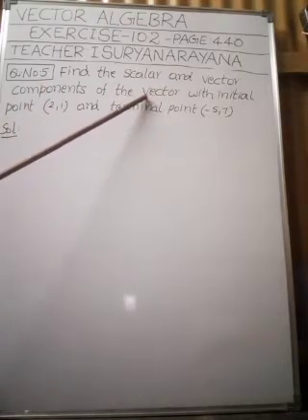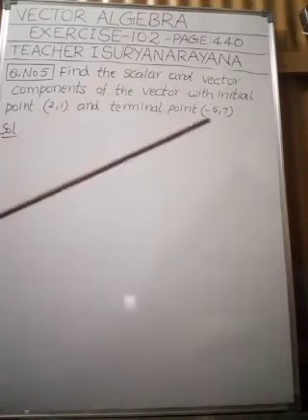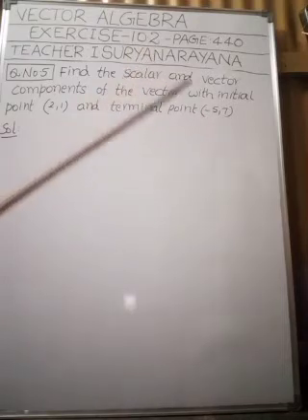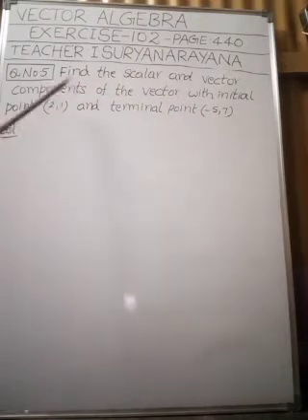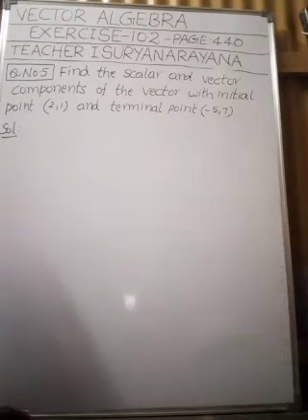Okay, my children, here the vector is not given. Points are given. So first of all, we have to find the vector joining this point and this point. Okay, my children, right.